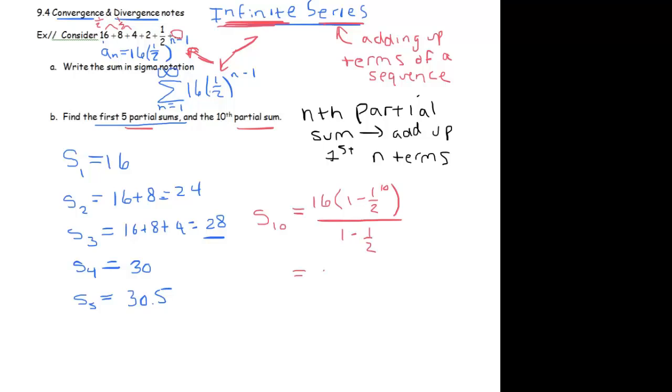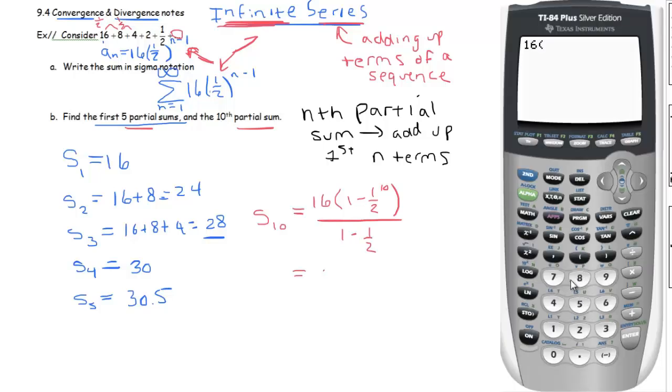So if we put this in the calculator, we get 16 times 1 minus 1/2 to the 10th. So it's 15.98435.